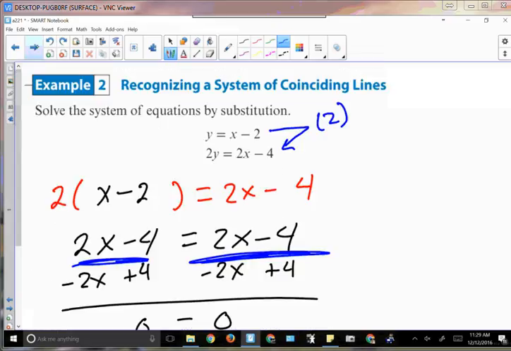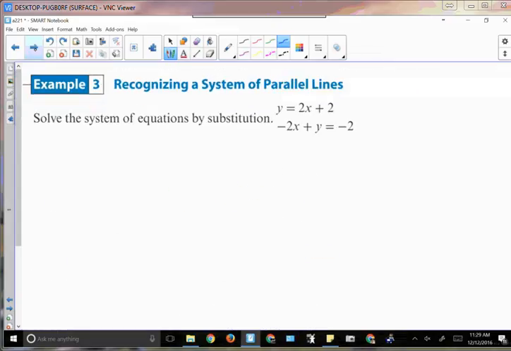So let's try this one. Parallel lines. I'm going to do the exact same thing. Again, they said that y was equal to this. So I'm going to take the other equation, which is negative 2x plus y equal to negative 2. I'm going to put in what y was, so I'm going to put in 2x plus 2.